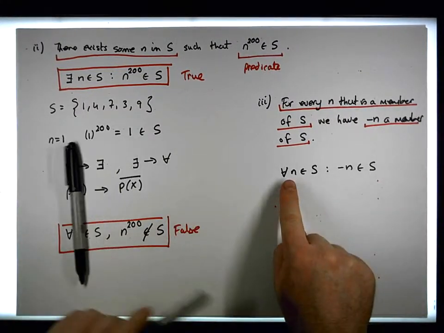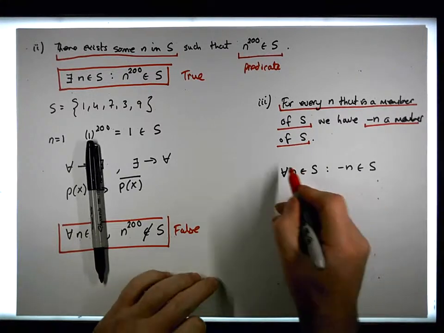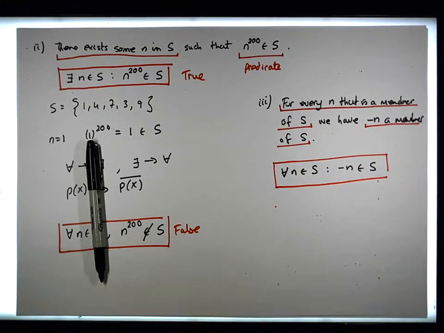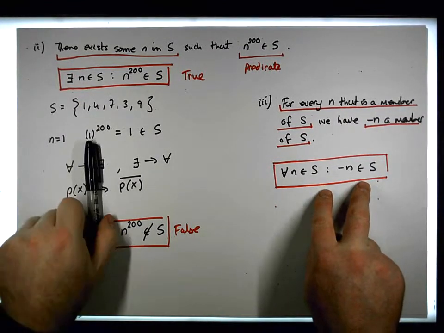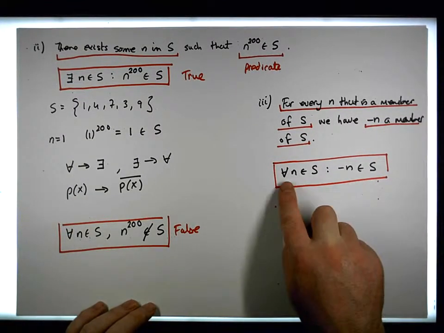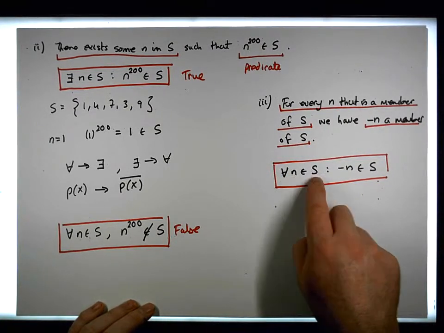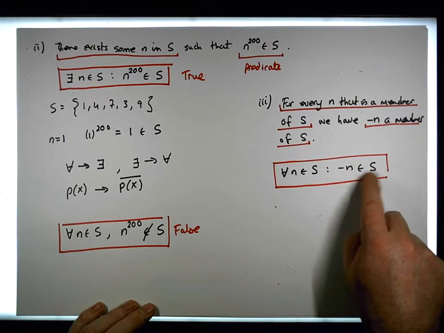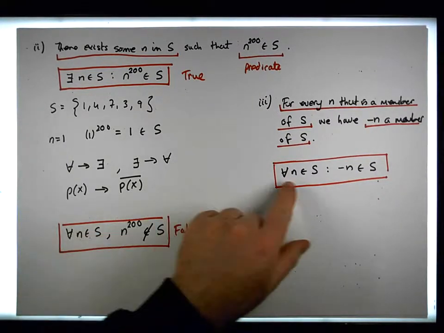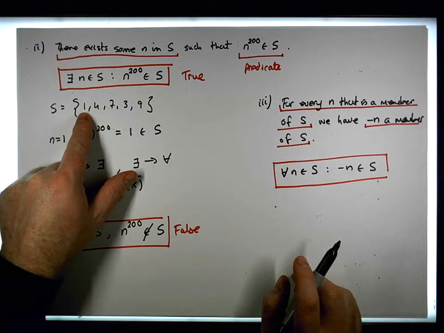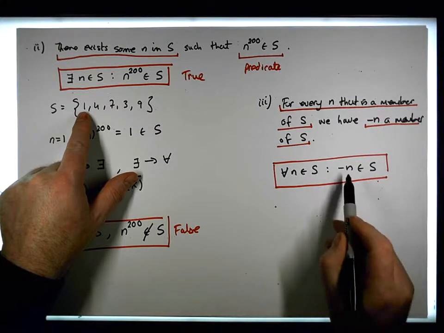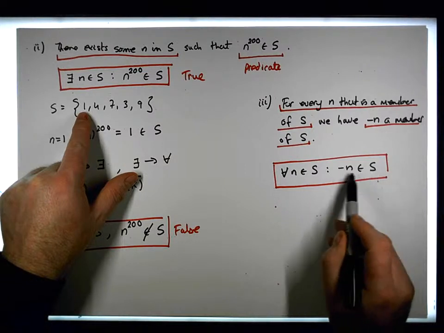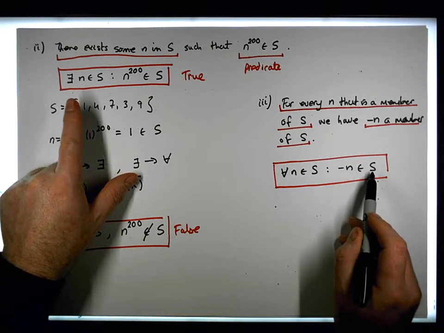This is the quantified predicate. And is this quantified predicate true or false? Well, it's saying that for every single n that's in S, minus n must be an element of S. Once again, if we just look at 1, when n is 1, the statement would be saying that minus 1 is an element of S, which is clearly not the case.